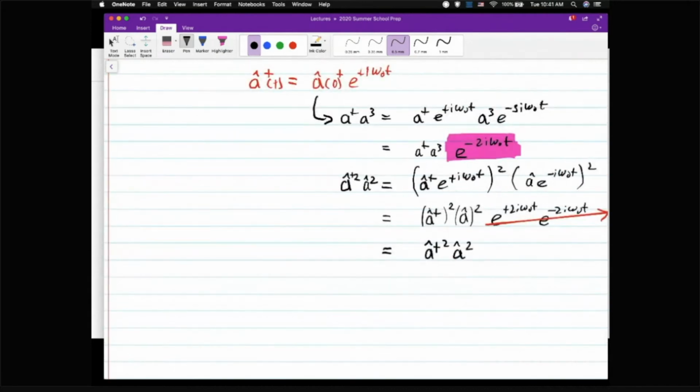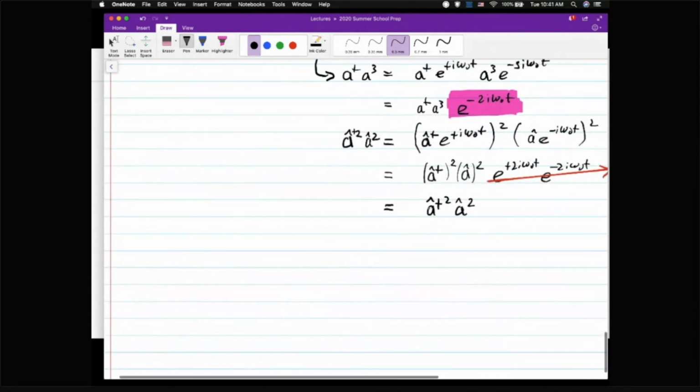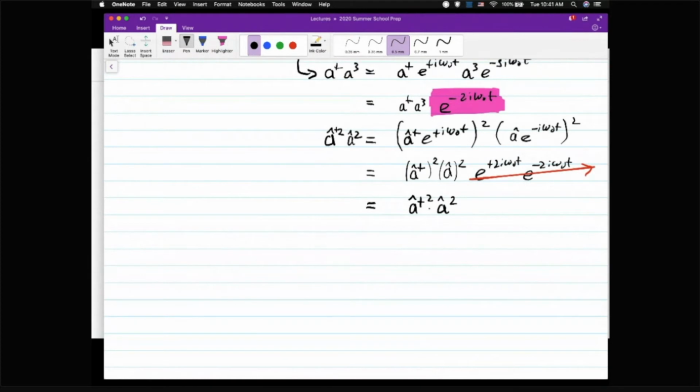And so we can classify these terms into two categories, terms that do oscillate and terms that don't oscillate. And so I'll highlight this in a green color to indicate that this term, contrary to, say, the one that doesn't have an equal number of A daggers and A's, is a non-rotating term, whereas the one above is a rotating term.